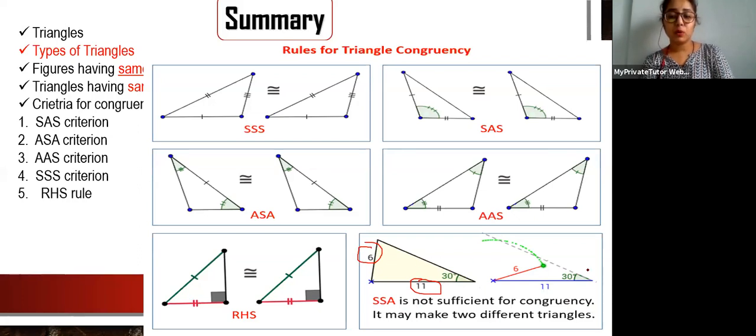But you can see that both triangles are totally different, correct? So the SSA rule does not exist. We have only the AAS rule. I hope you are clear with this part, the criteria for the congruency of triangles.